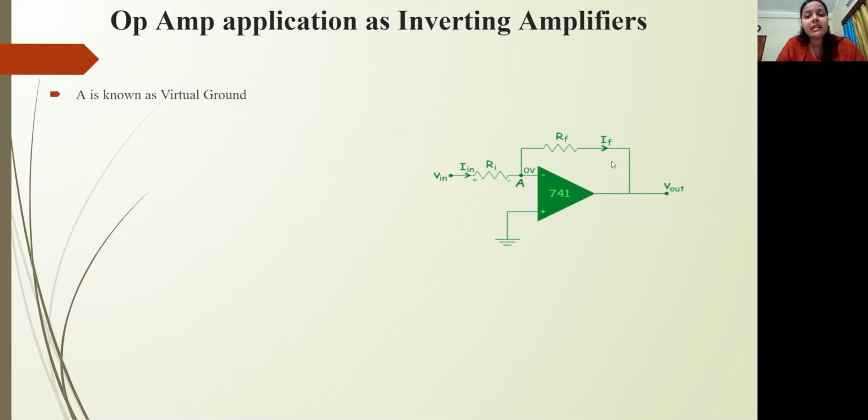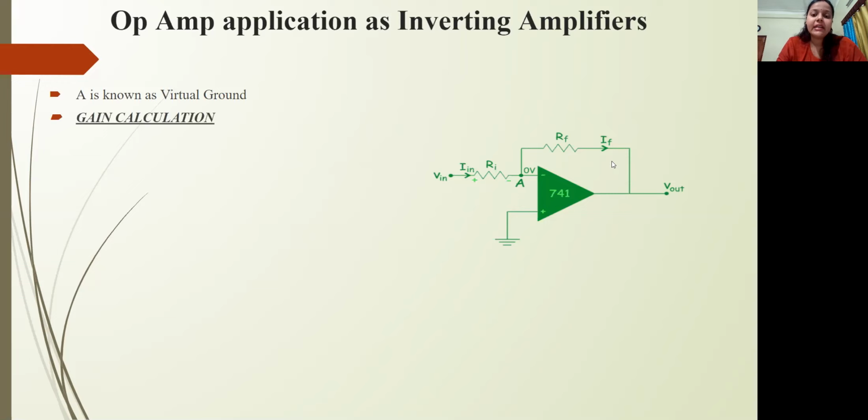Current also sinks there, right? But here at point A, the voltage is 0. So a part of the property of being grounded is satisfied, but the current is not 0. So this particular point, point A, is known as virtual ground.